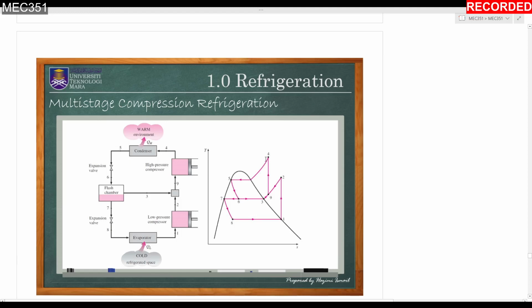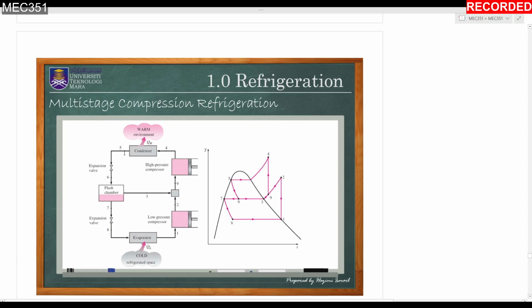Then at state 4, it is the peak, or the highest value of enthalpy, and then it will release, reject or remove heat to the surroundings by using the condenser between state 4 and state 5. State 4 and state 5 is where the heat is rejected to the surroundings.